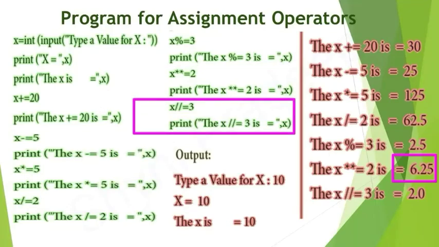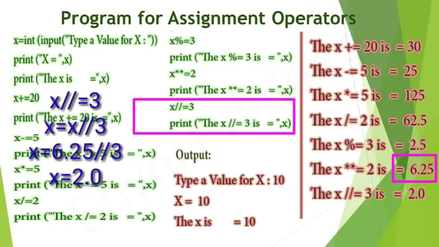Next, x floor division equals 3. Print the x floor division equals 3 value of x. Now our new x value is 6.25. Here first you have to do the floor division calculation and next assign that result to the x variable, which means x = x // 3.